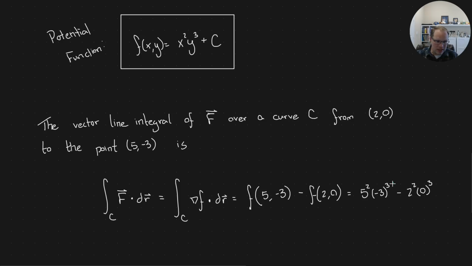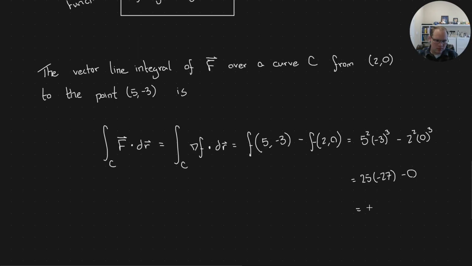Notice if we did add some constant here, then I'd get a plus c here, but I'd be subtracting it over here. So that's why it doesn't matter what that c is. And so this integral is just going to be 25 times negative 27, minus 0. So it's negative 25 times 27, whatever that is.